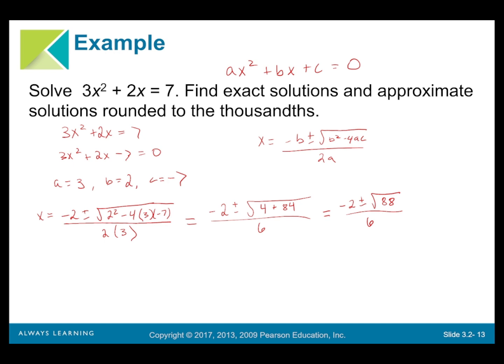So actually this is just x equals -2 plus square root 88 divided by 6, or x equals -2 minus square root 88 divided by 6. And that is it. I'll let you put it in your calculator to see what it is rounded to the thousandths. But that's pretty much it for these quadratic formula equations.